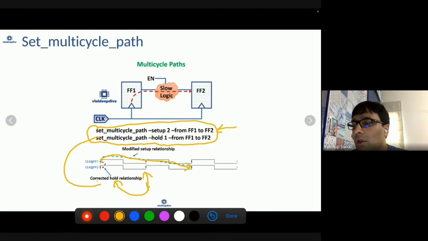So the basic thing is, when you modify the setup timing relationship, the hold relationship is automatically modified, and to bring it back to its original value, typically you specify a multi-cycle path with setup 2 and hold 1. This brings hold to the default 0 cycle check.